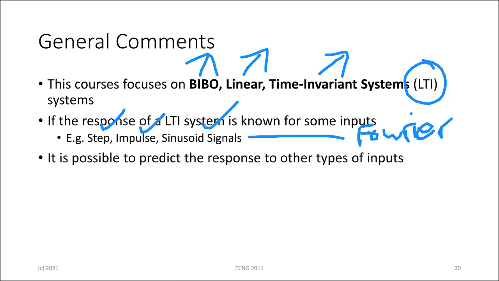Then once you satisfy this, it is possible to predict what the system is going to do for a whole range of other inputs and values, right?